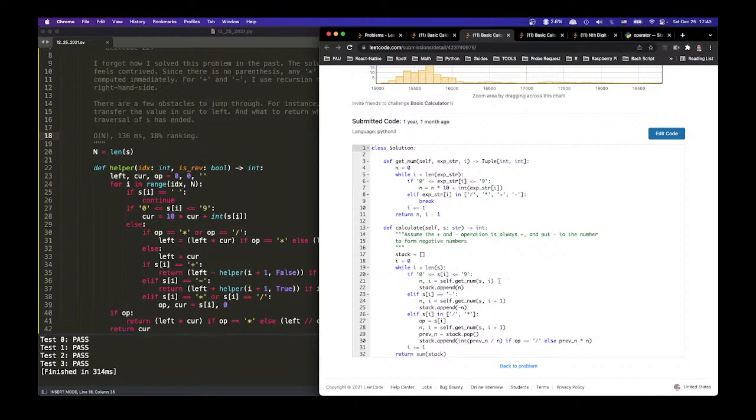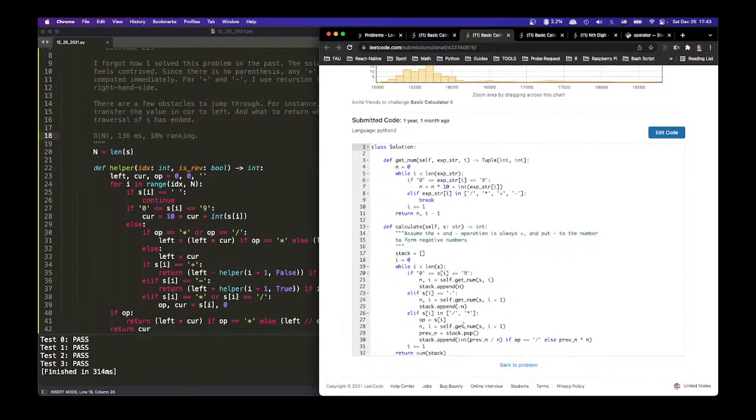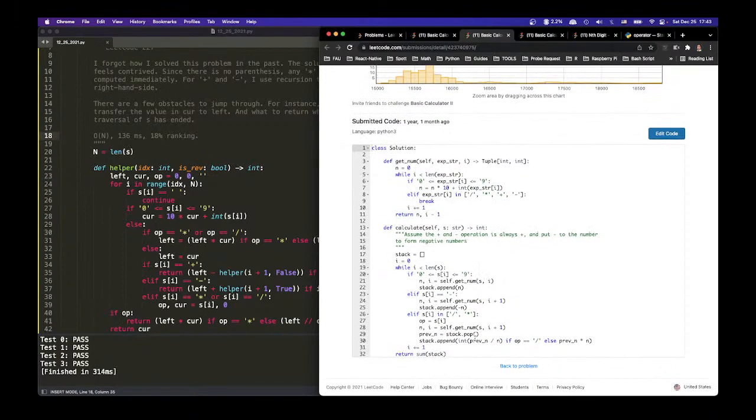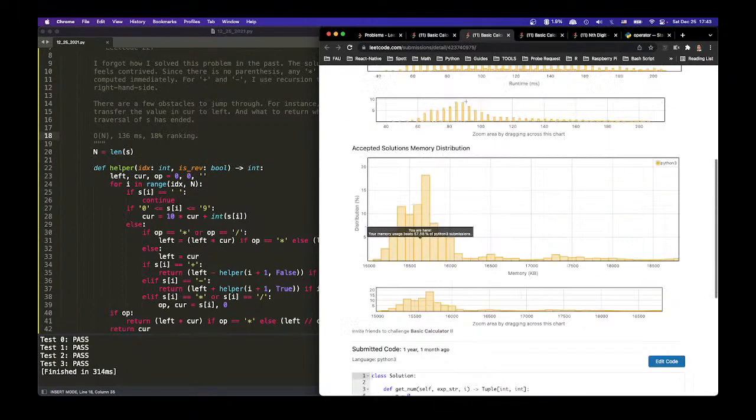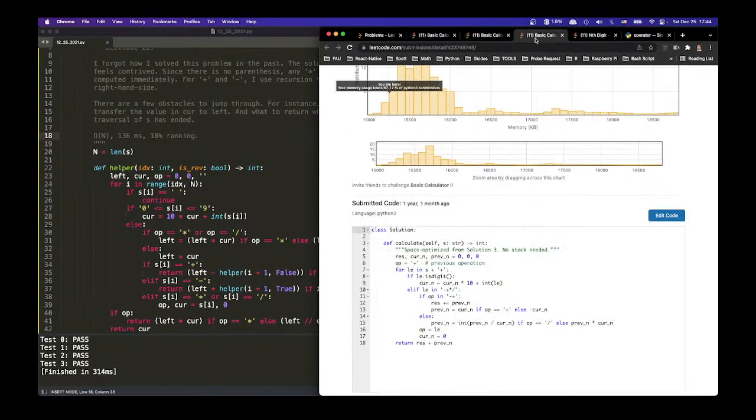Okay, we get a value. If it's this, we get an operator. We get a value. And then previous. Oh wow, this is so much easier. So much easier. Oh my god. Okay, space optimized. Previous operation. A letter in S plus this.